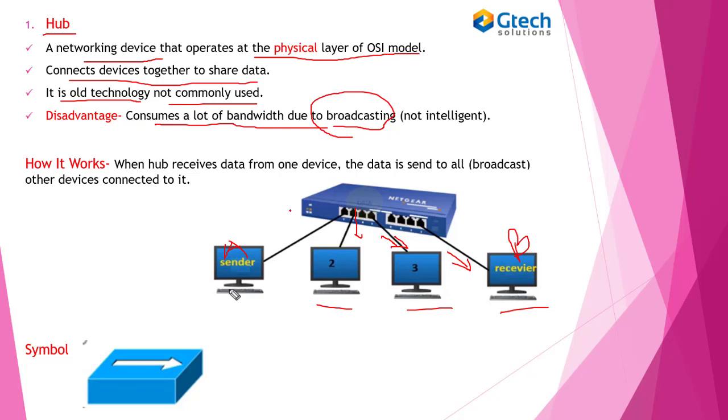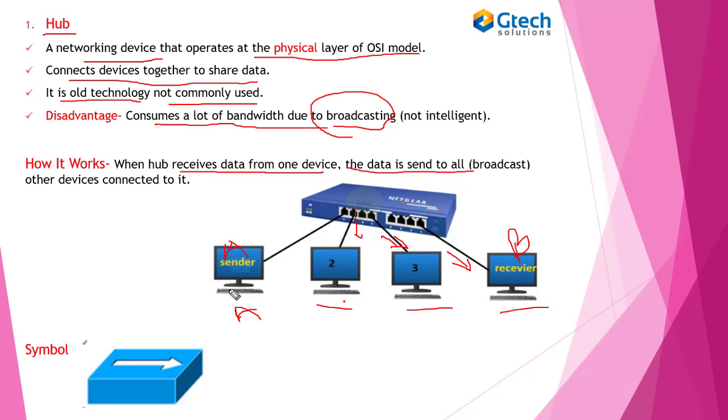So how the hub works: when a hub receives data from one device, let's say device A, the data is sent to all other devices that are connected to the hub.